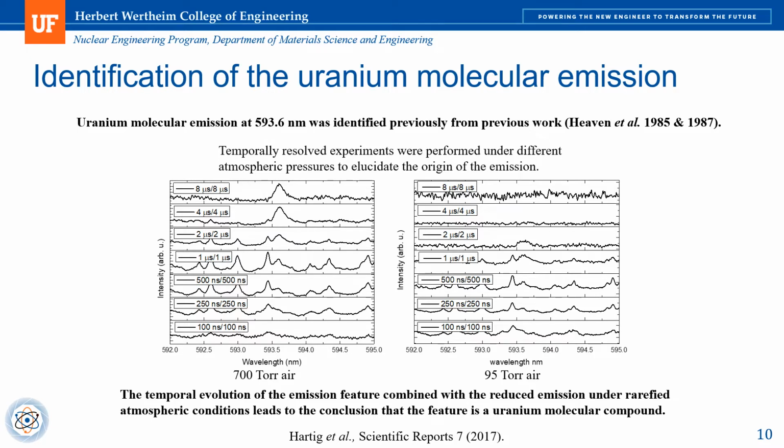So we are fairly confident that we identified a uranium molecular emission related to uranium monoxide at this emission line that we could measure quite readily in our experiments.